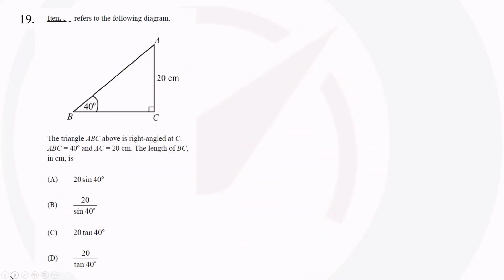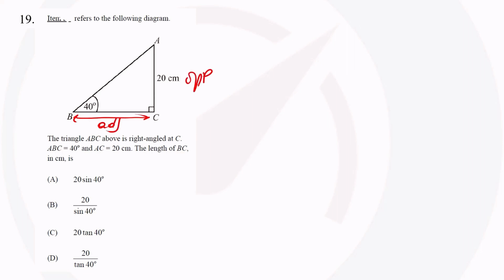Question 19. We have seen this already, but the answers are shuffled from the same position. We have triangle ABC with a right angle at C, angle ABC equals 40 and AC equals 20. Find the length of BC. BC is our adjacent side, and AC is the opposite.